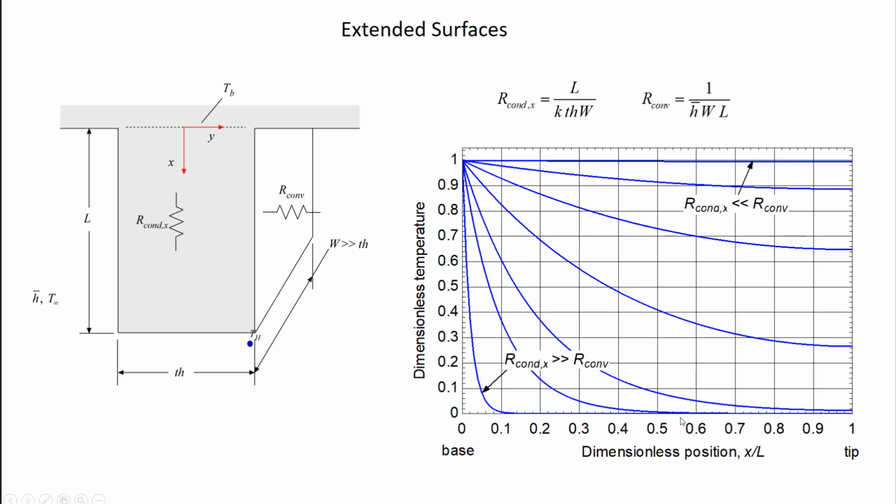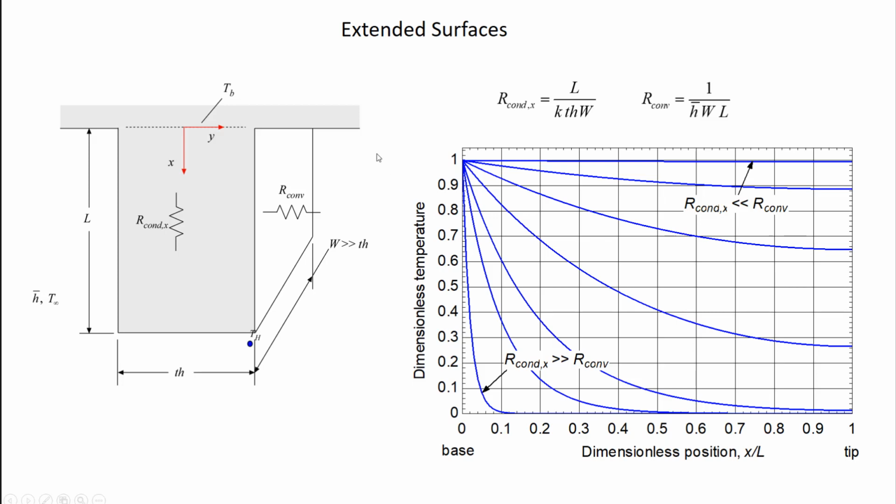The rest of this line is at T infinity because there's not much of a temperature drop due to convection, right? So those are 2 behaviors that aren't very interesting. More interesting behavior occurs when these 2 resistances are kind of the same, right? Then I get these different lines where conduction in the x direction and convection are on the same order, right?